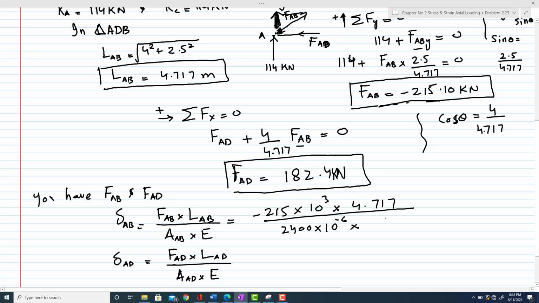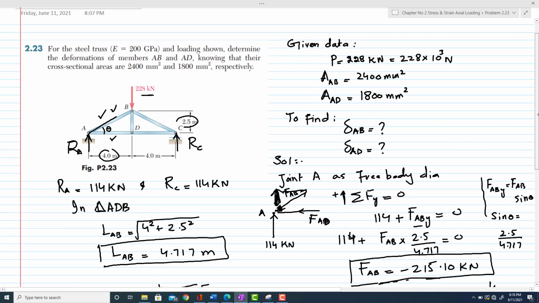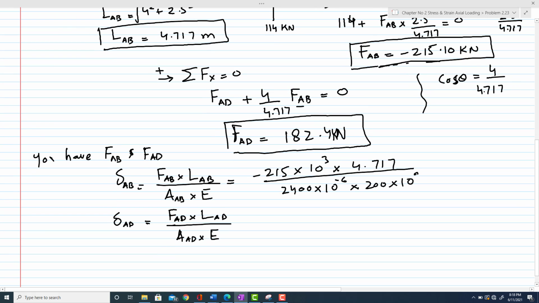We have the modulus of elasticity, 200 into 10 raised to power 9, since it is given in gigapascal. So if you calculate it, you will get minus 2.11 millimeter.